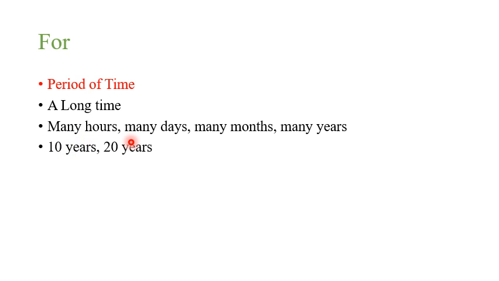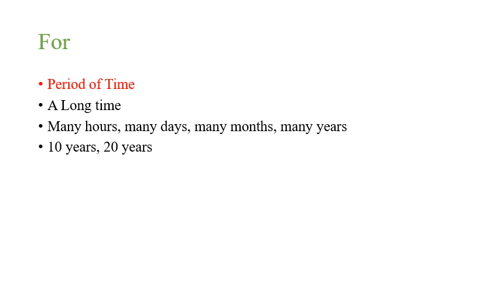Similarly, if somebody says that I have been doing it for many hours or many days or many months or many years, these are also not exact times, because you do not know when many hours started or many days started or many months started or many years started. Same is true in case of 10 years or 20 years. If somebody says that he has been doing it for 10 years, then what 10 years? You do not know.